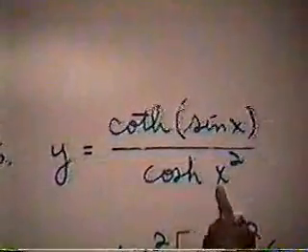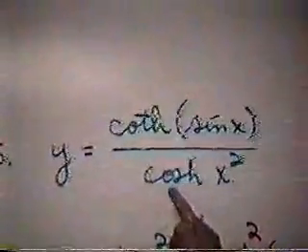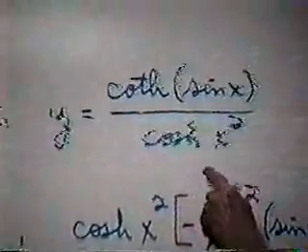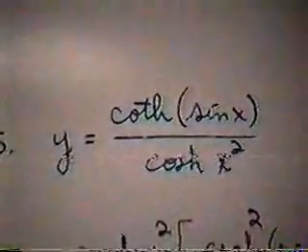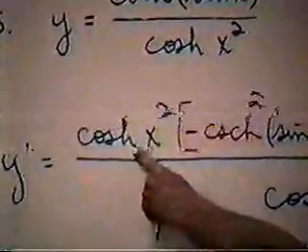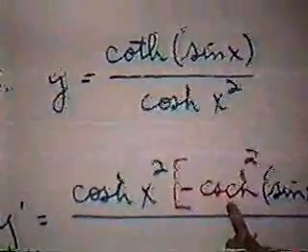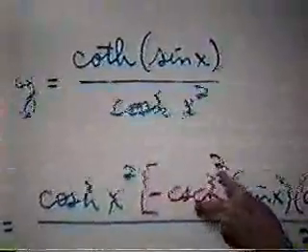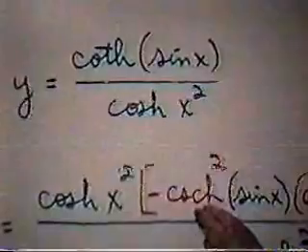That object happens to be x squared, but it's still hyperbolic cotangent over hyperbolic cosine, excuse me. Now, quotient rule, division rule. So what we do is write the bottom one down first. So we write the bottom one down and take the derivative of the top one. The derivative of the top, the derivative of hyperbolic cotangent is negative hyperbolic cosecant squared.